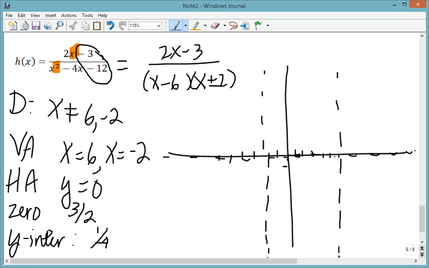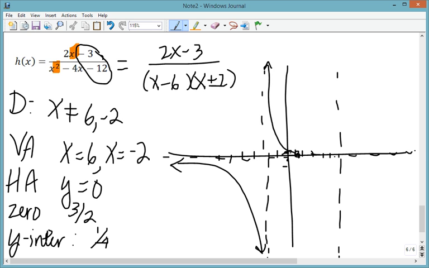I've already seen that this is positive 1/4, it's a positive number, so I know it approaches up here. If I checked below negative 2, say at negative 3, I'd get negative, negative, negative. 3 negatives makes a negative, so I know it approaches this way.